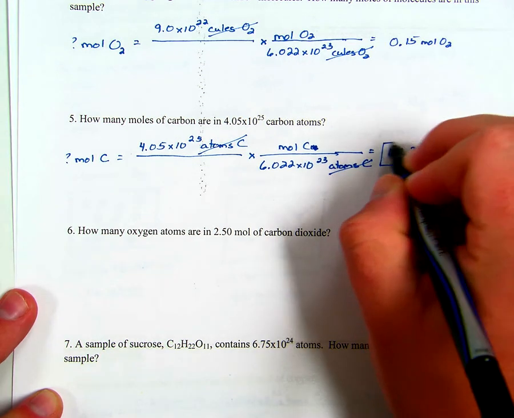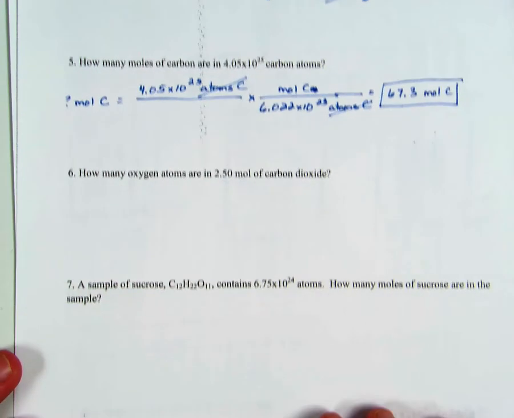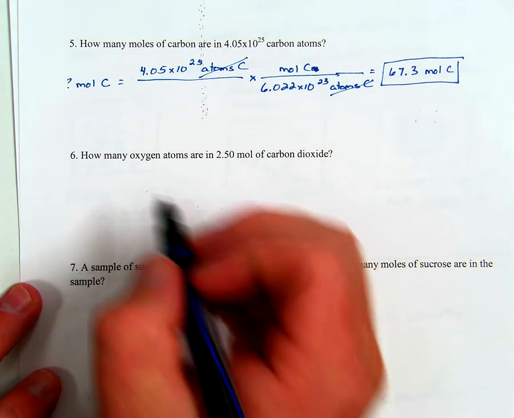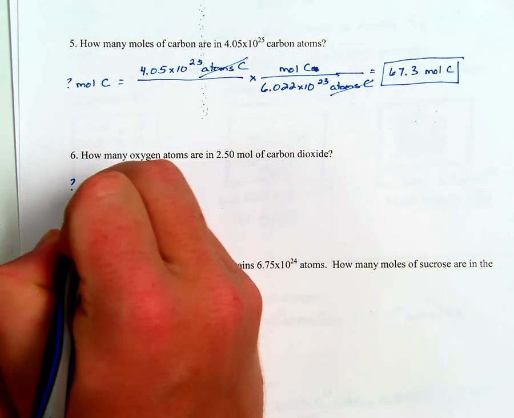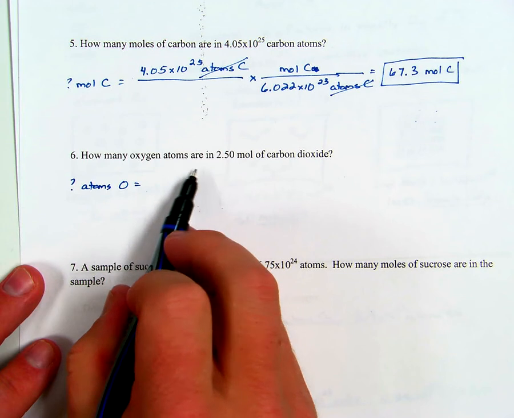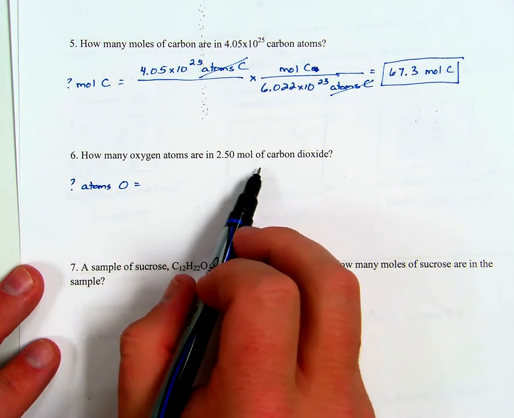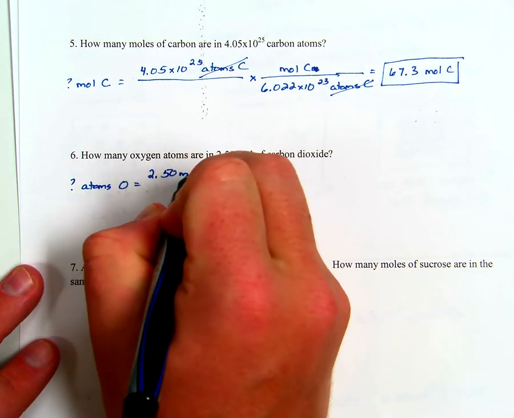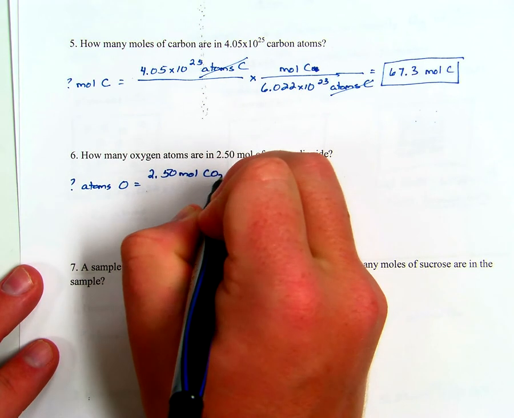Alright, last two. How many atoms of oxygen are in 2.50 moles of carbon dioxide? So notice here, we're talking about two different substances. I'm starting with moles of carbon dioxide and need to find atoms of oxygen.